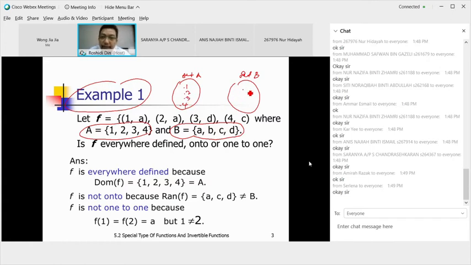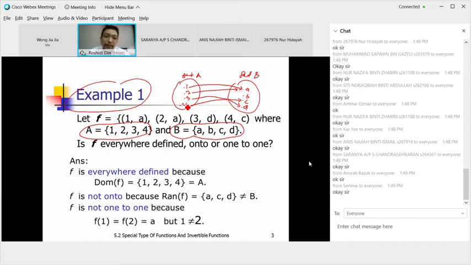And in B, dot A, dot B, dot C, and dot D. So 1 maps to A, 2 maps to A, 3 maps to D, 4 maps to C.